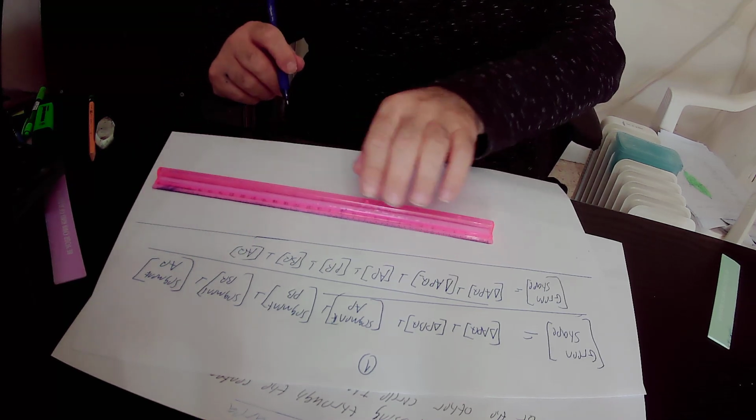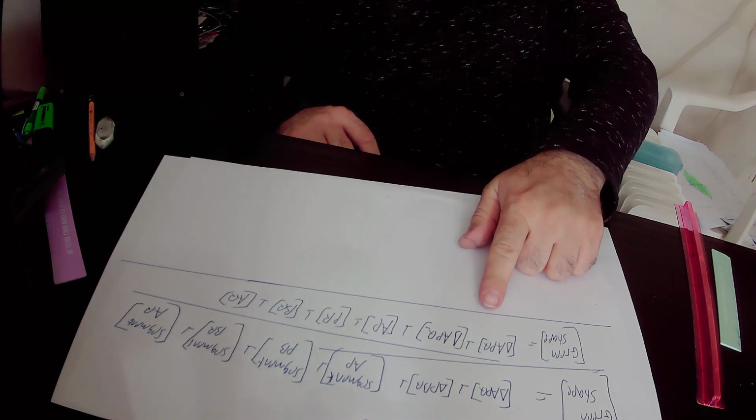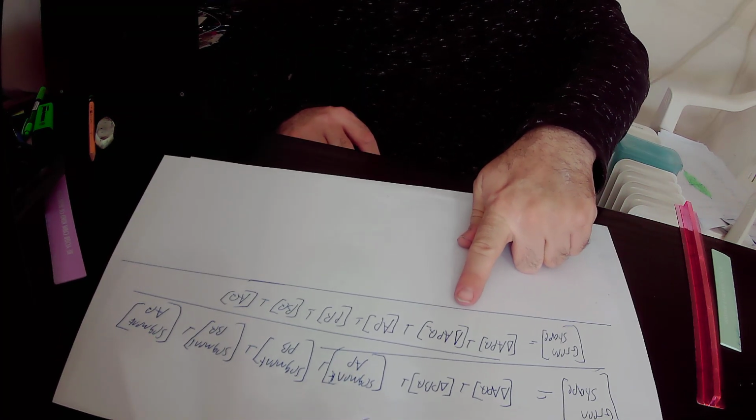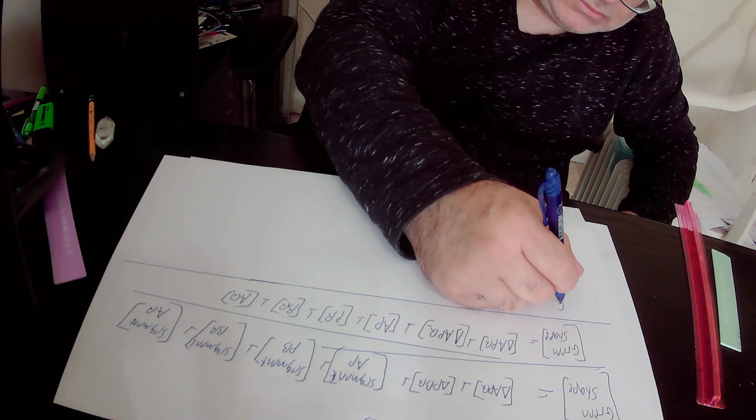So the area of triangle APQ plus the area of triangle APQ is 2 times the area of triangle APQ. I'll write it down.